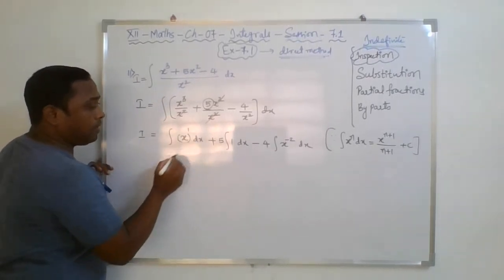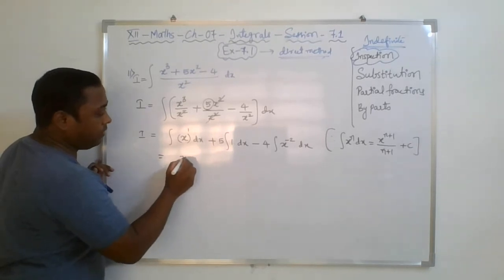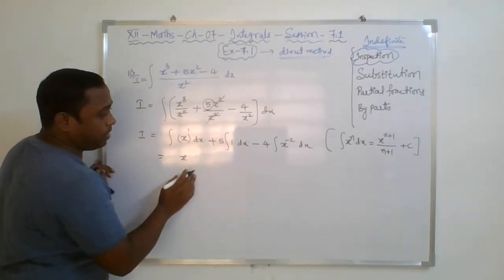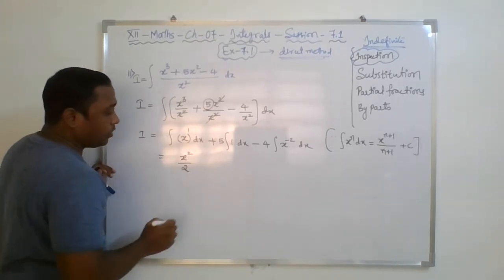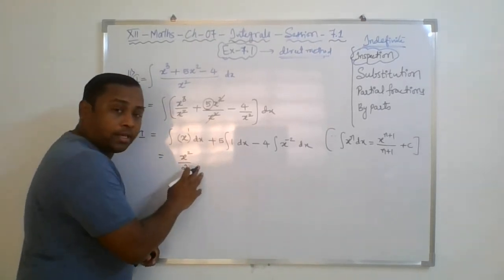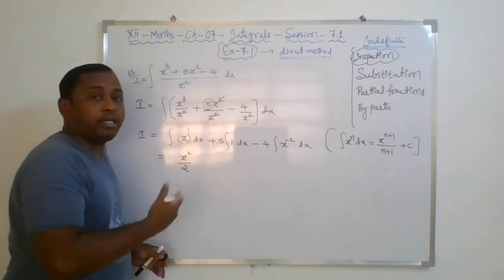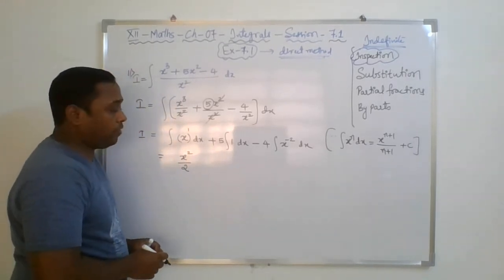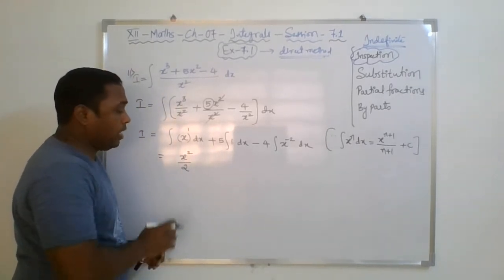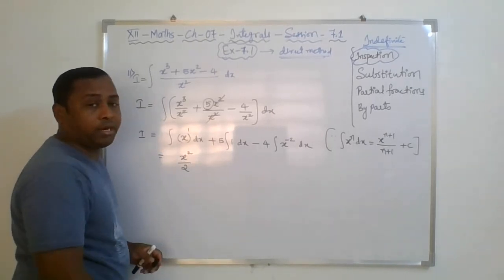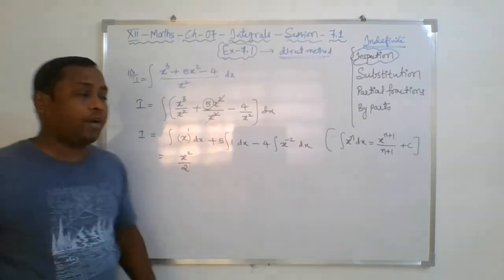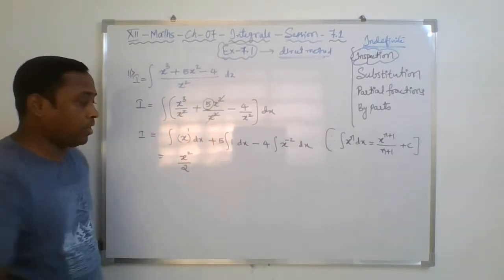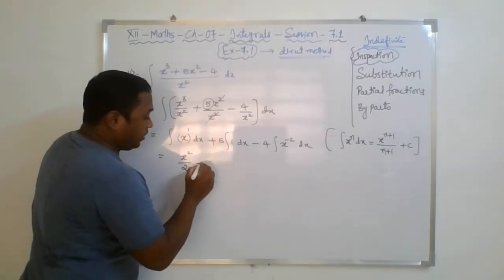Now here the power is 1, so its integral value is x to the power of n plus 1 by n plus 1, hence it will be x square by 2. I can also write plus c in each part, but it creates a lot of confusion. So at the end only, after completing the entire sum, I will write c once instead of writing it 3 or 4 times.